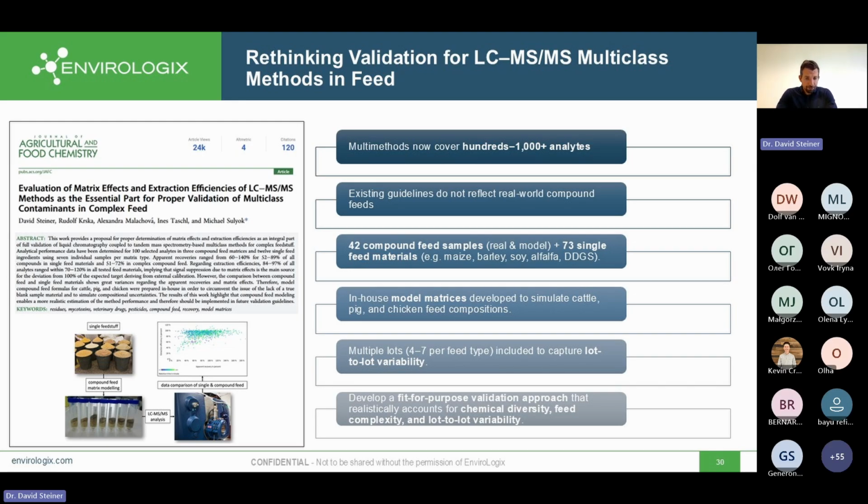For each type, we have evaluated matrix effects and extraction efficiencies across multiple lots in order to capture the variability that labs are facing also in reality. And this work actually laid the foundation for a new validation concept that better reflects the true diversity of feed.